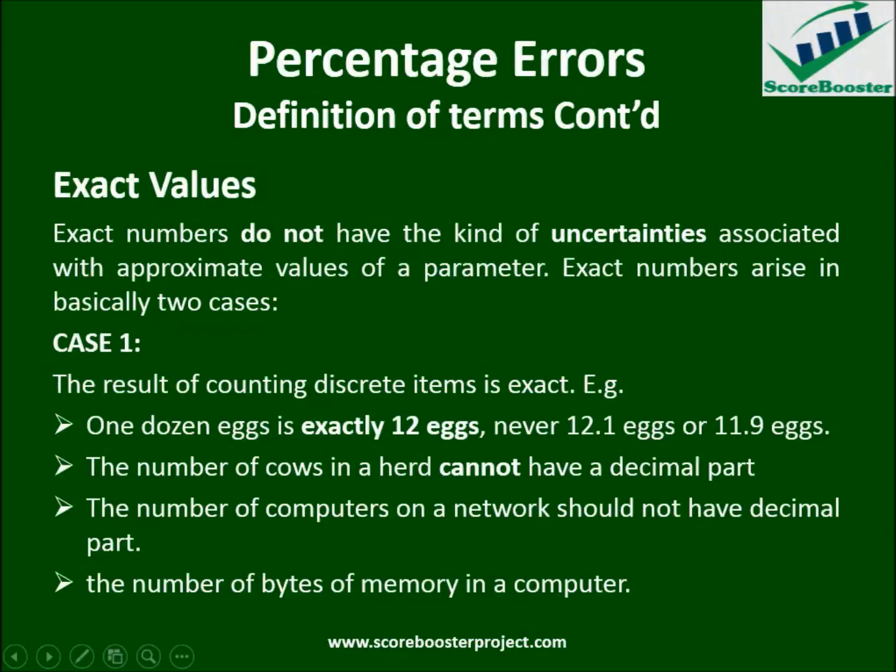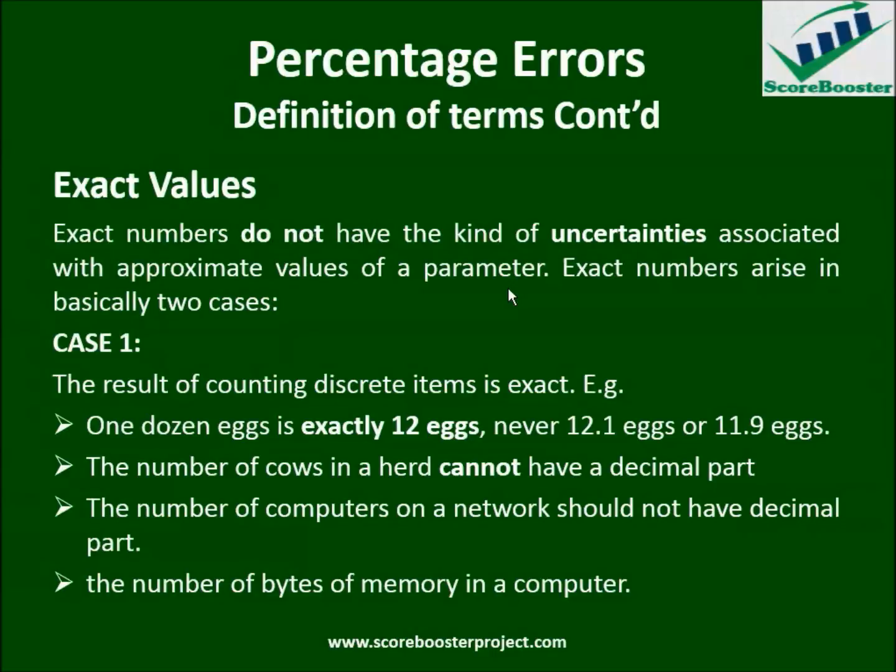So now let's have a look at exact values. Exact numbers do not have the kind of uncertainties which are stated in the approximate values of a parameter. All the uncertainties involved in determining the value of approximate numbers as a result of the precision of the instrument involved don't apply when dealing with exact numbers, and their values are always exact.